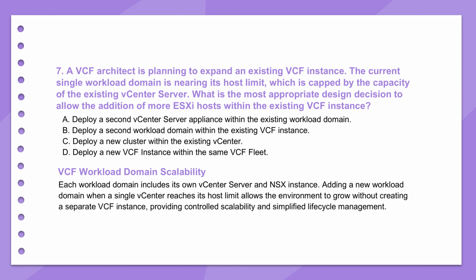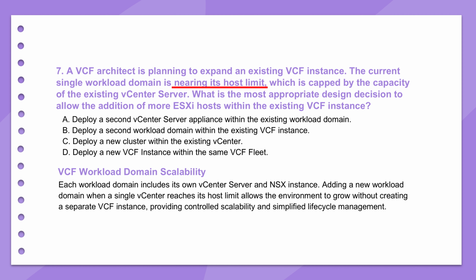Okay, speaking of efficiency and growth, systems have to scale horizontally, right? Grow outwards. So what happens when a workload domain, which, as you said, might contain several clusters, starts nearing its maximum host limit? Maybe it's capped by the existing vCenter Server it uses. You've hit the physical limit of that central control plane, but you still need more capacity. What then? Yes.